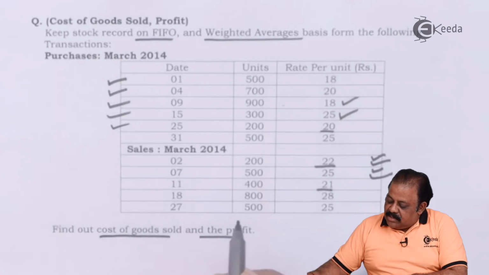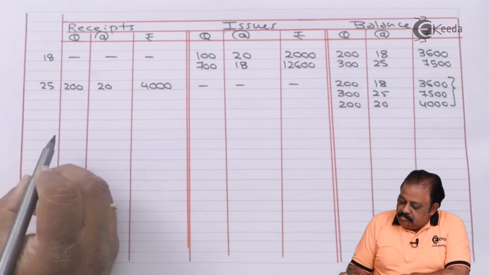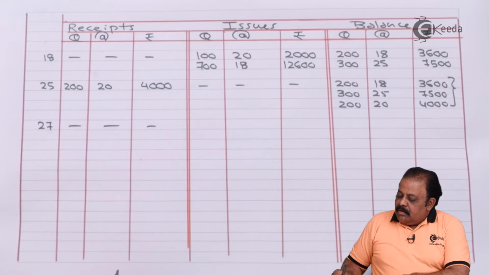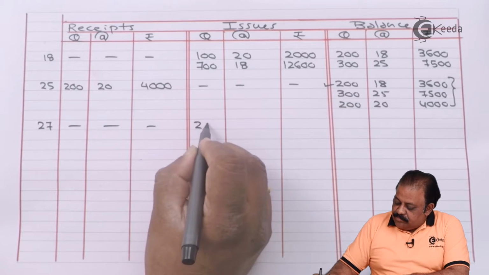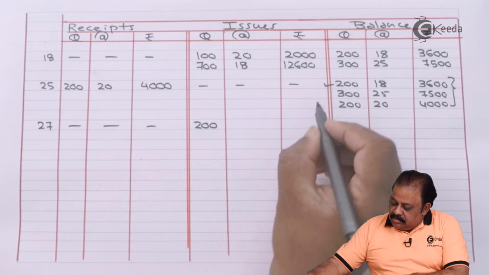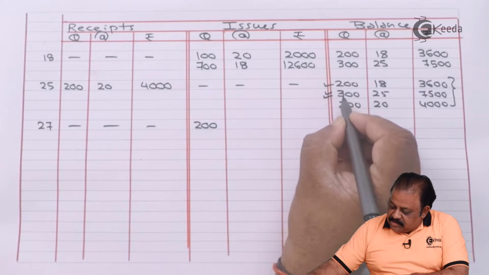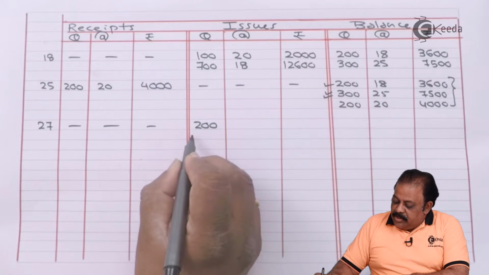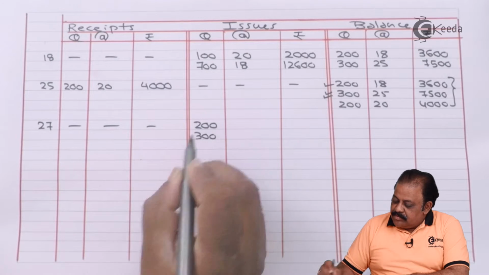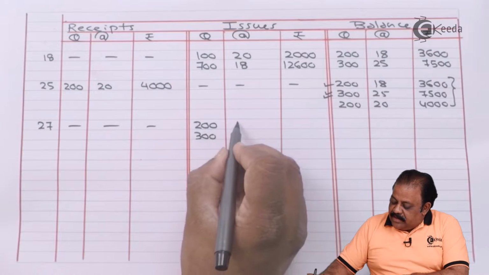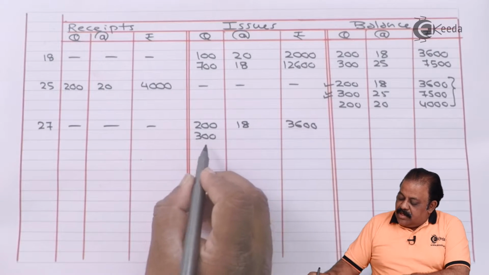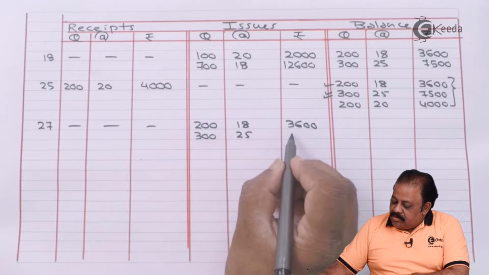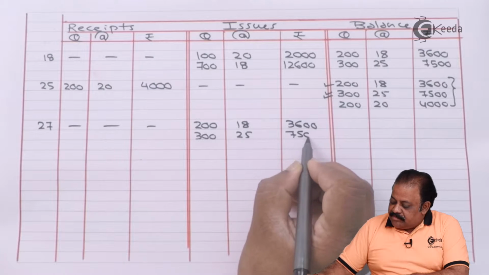On 27th March, there is sale of 500 units. First 200 units will be issued. Then for balance 300, second stock will be issued. This 200 at the rate of 18, costing 3,600. 300 units at the rate of 25, costing 7,500.